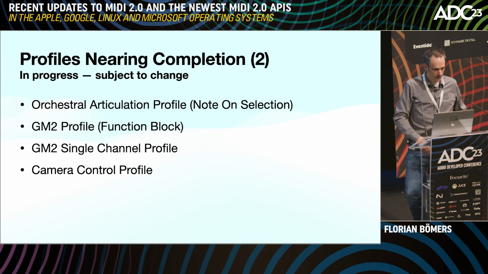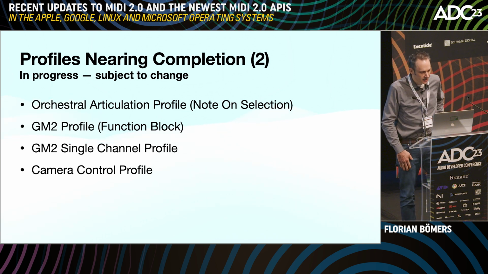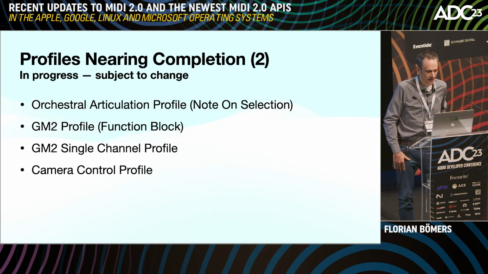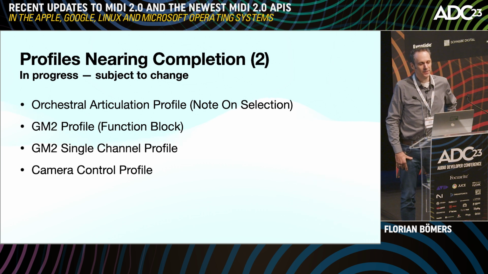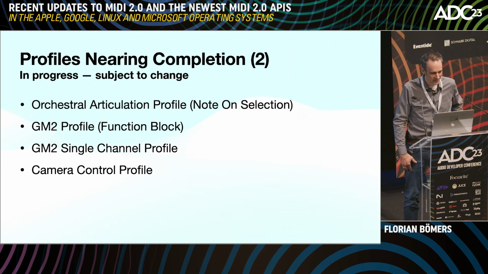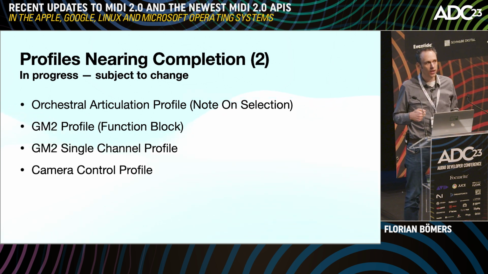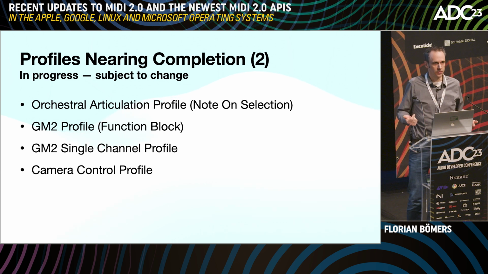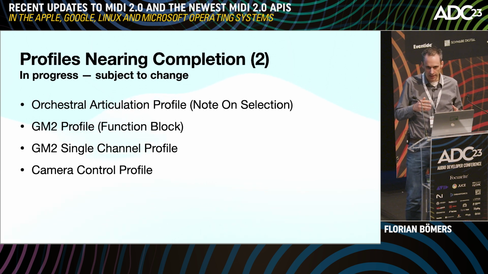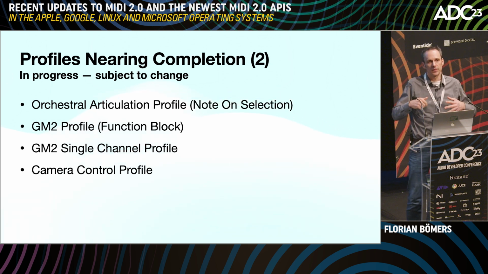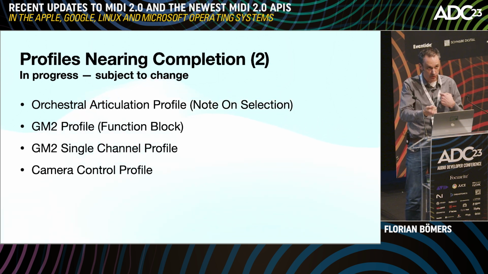And there are other profiles. The orchestral articulation profile, or the orchestral APE, as we call it, defines note-on articulations for orchestral use. So you can define exactly what the note-on articulation will mean for a specific instrument.